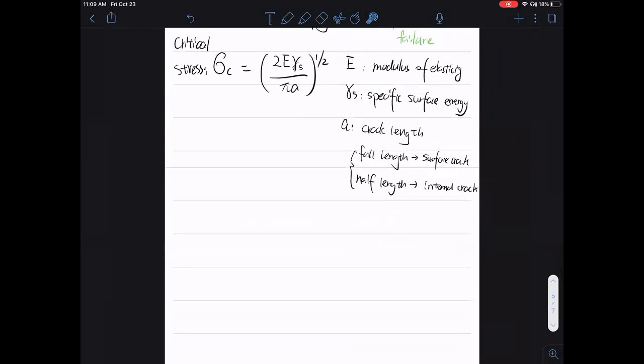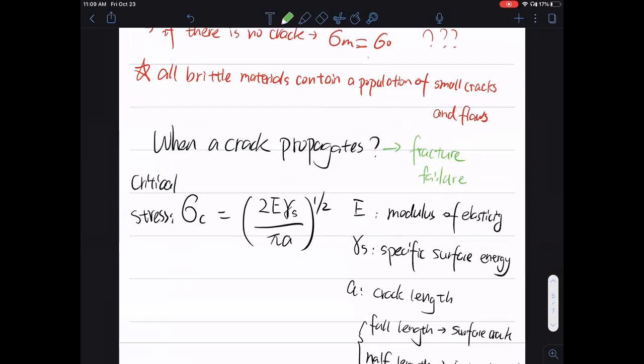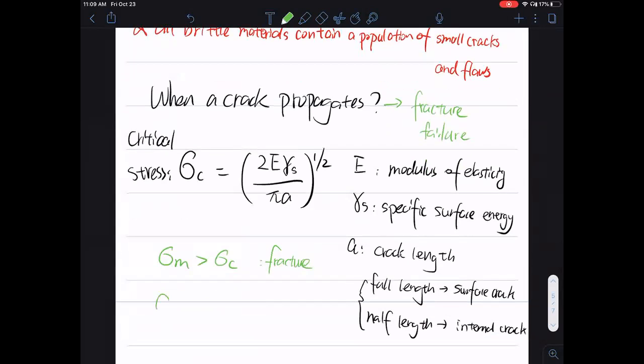So if your sigma m is greater than this value, sigma c, then you're going to have fracture. If your sigma m is smaller than sigma c, no fracture.